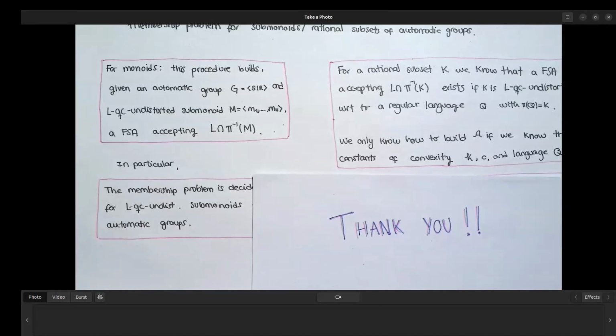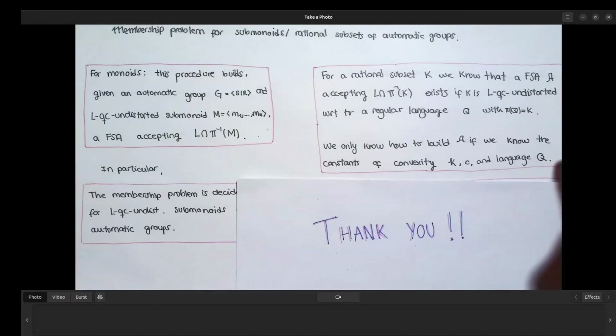And what was C then? K was the quasi-convexity constant, but what was C? The quasi-convex notion that you need to work with rational subsets depends on two constants. You need to have, for each L representative, another word.